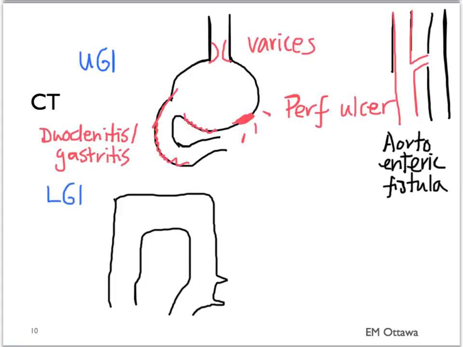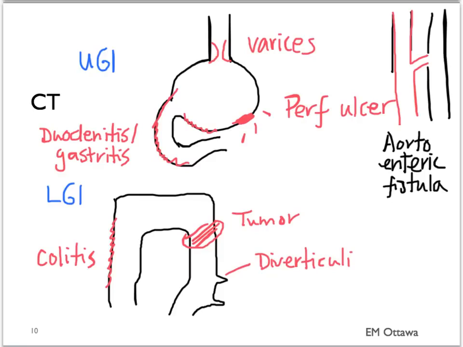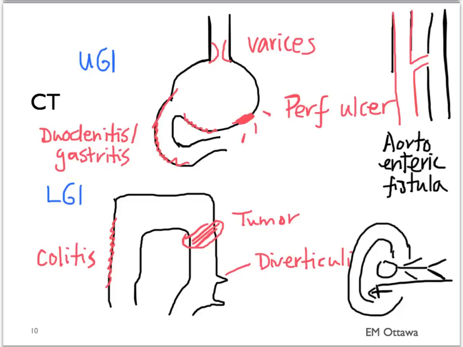What about for lower GI bleeds? CT can diagnose colitis, tumor, and diverticuli. Again, as we talked about before, CT is unable to tell you whether anything is actively bleeding or not. Remember that for the patient to be able to go through the CT scanner, they need to be hemodynamically stable.